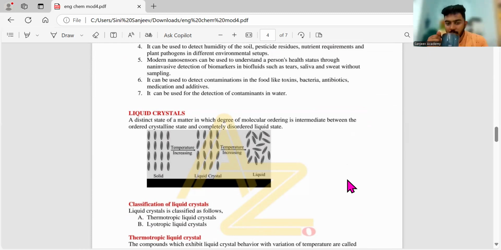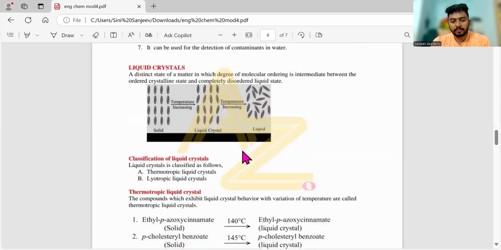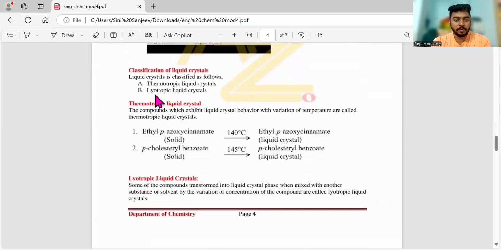Then liquid crystal. As you can see here, solid, liquid, and liquid crystal are there, with temperature increasing. Classification: two types, thermotropic and lyotropic.